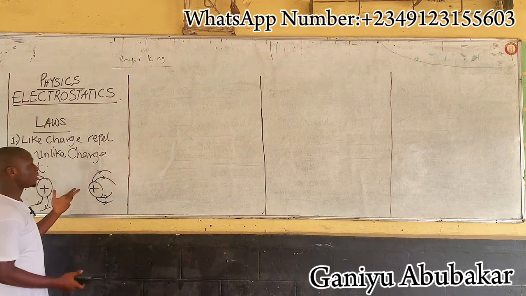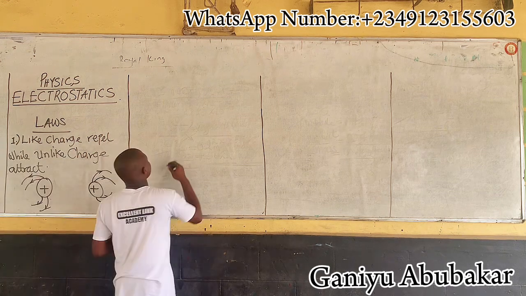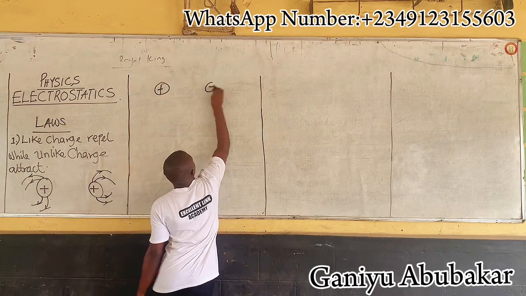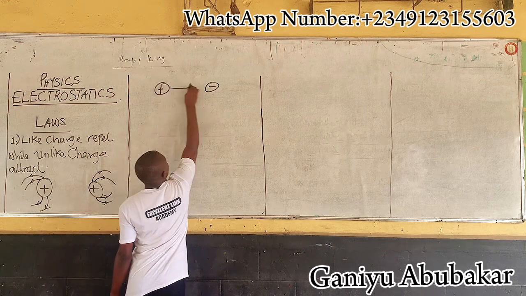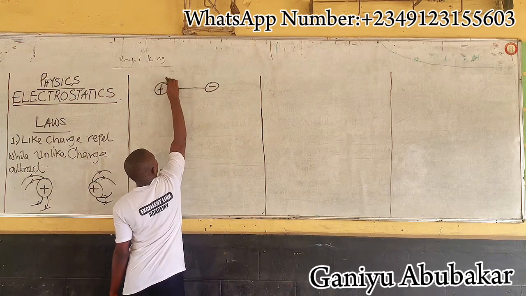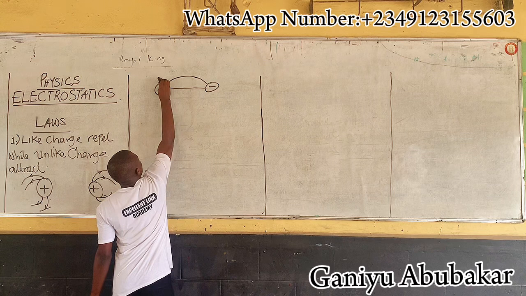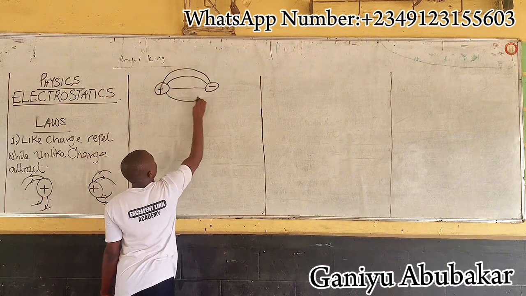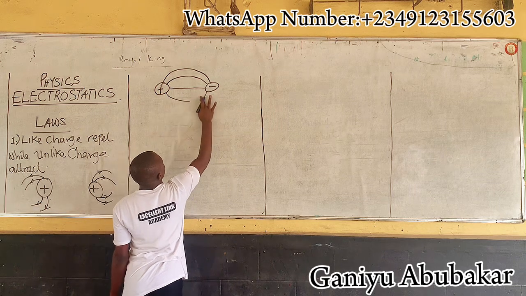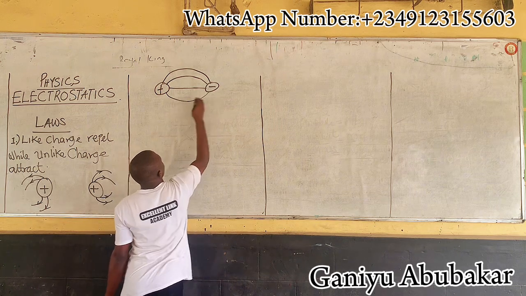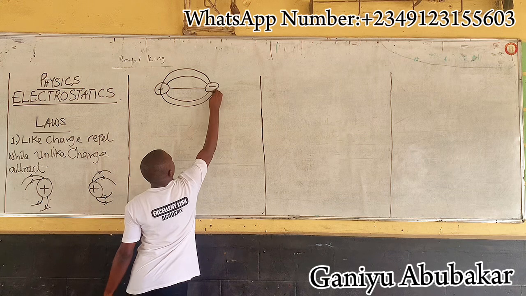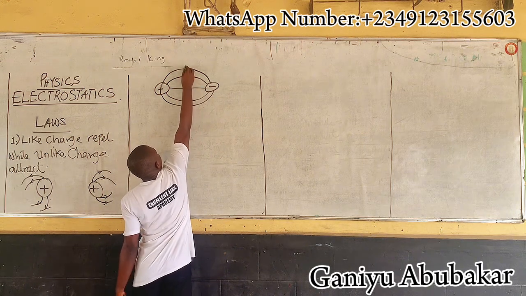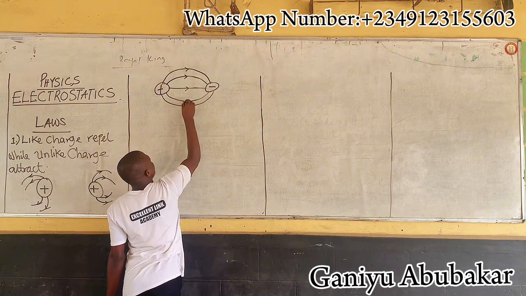While unlike charges attract. For the unlike charges, let's say that I have a positive charge and a negative charge. These two can combine, right, in this form. Observe their combination. They'll combine in this form, going from positive to negative.